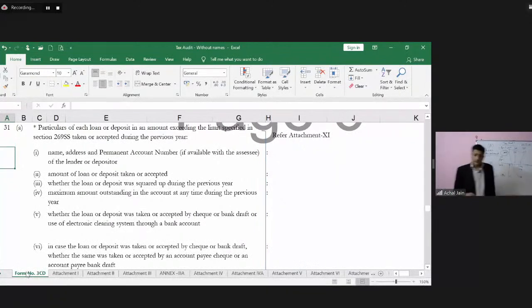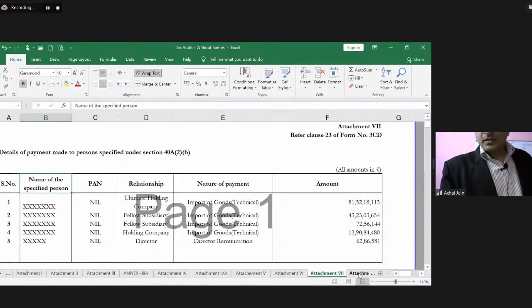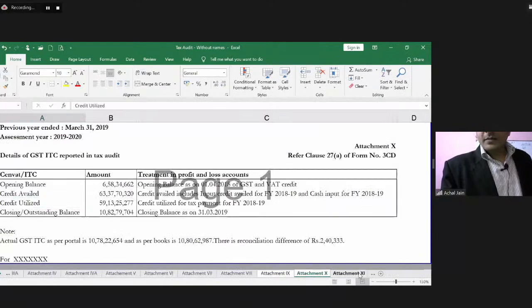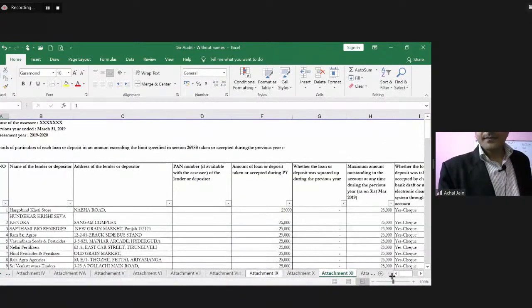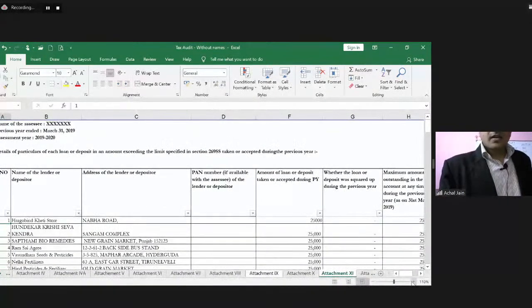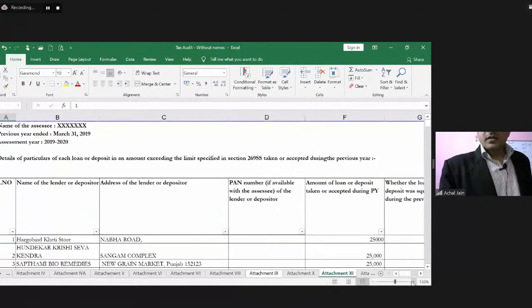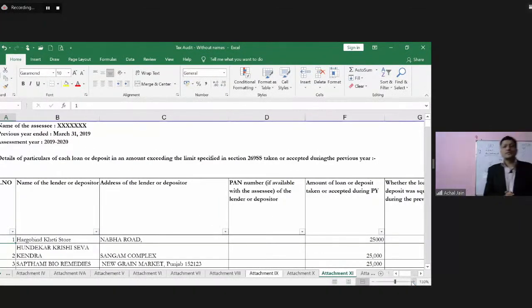Okay. Now in this case, let's move on to Annexure 11 to understand how these requirements have been captured. And these requirements are too many, so I'll just show you this in parts.